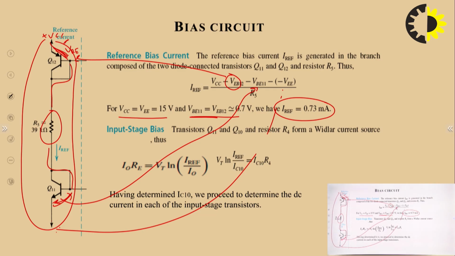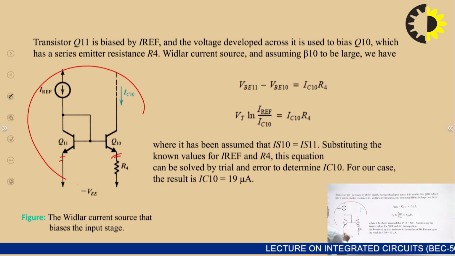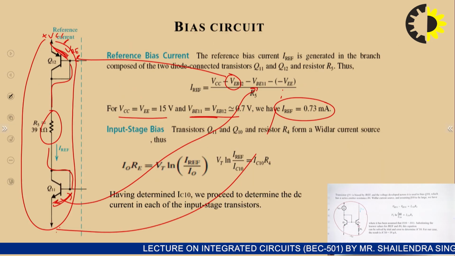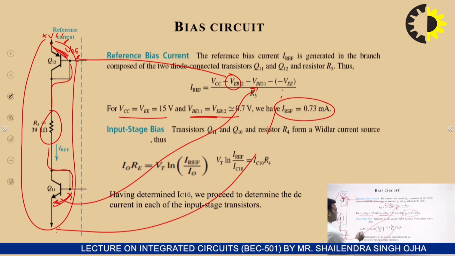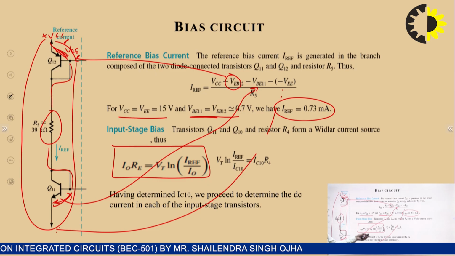This is what we have to remember from the reference current generation method, that is, the value of the reference current, because we will use this value. Now, here this is transistor Q10 and this is transistor Q11. They form a current mirror circuit, actually the Widlar current mirror circuit. For the Widlar current mirror, we know that I naught RE is equal to VT ln of I reference upon I naught.